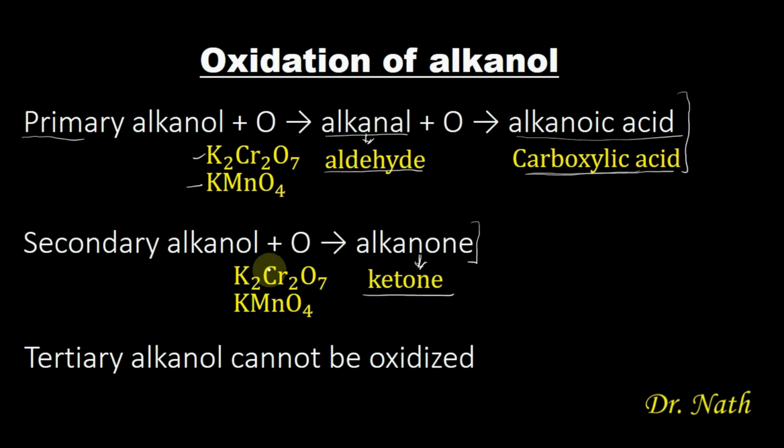So this is very important. It is quite different from the primary alkanol. Primary alkanols are oxidized to form alkanal or aldehyde, which on further oxidation will give you carboxylic acid, also known as the alkanoic acid. For the secondary alkanol, when they are oxidized, an alkanone is formed.